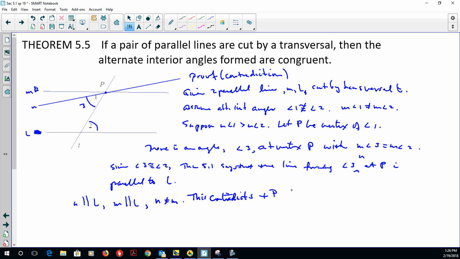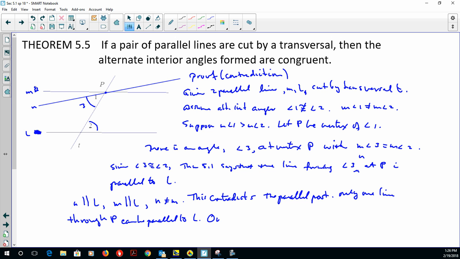Only one line through P is parallel to L. So our assumption that angle 1 is not congruent to angle 2 cannot happen.